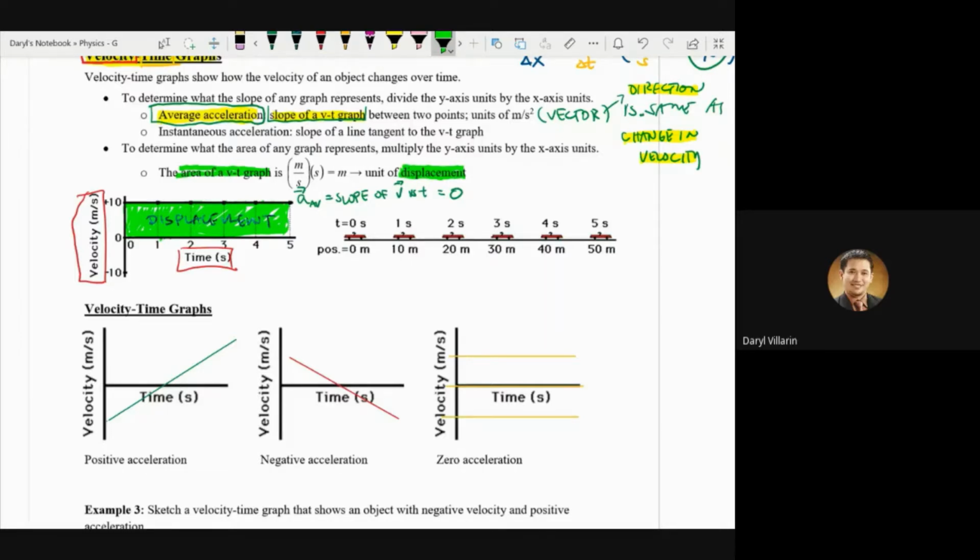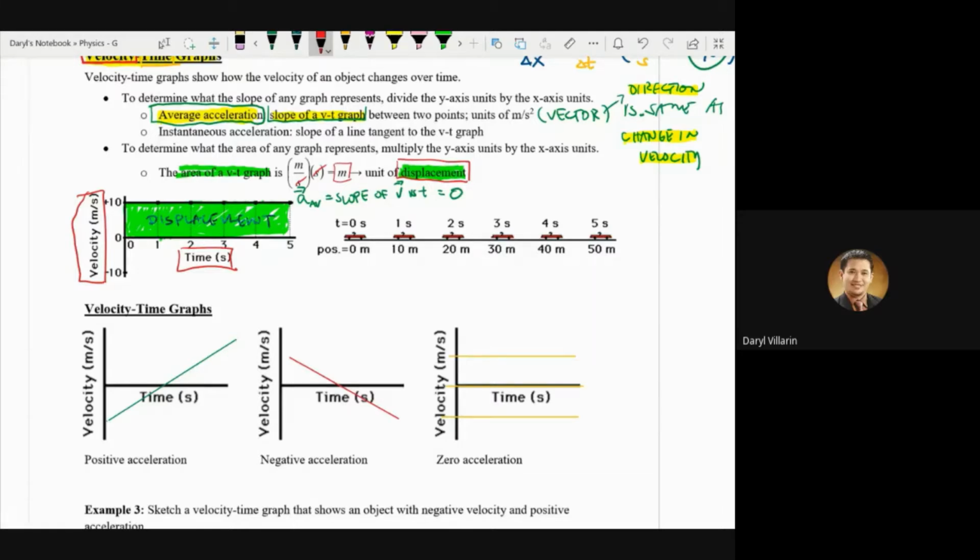So is it not that the area of a rectangle is just the length and the height, or the base times the height? So the base pertains to time and the height pertains to velocity. So therefore you have meters per second times second. So if you can see, that gives you the unit of meter, so which is the unit of displacement. Okay.